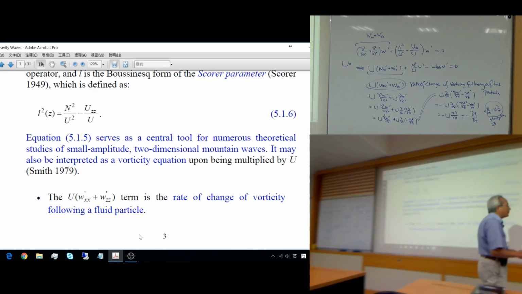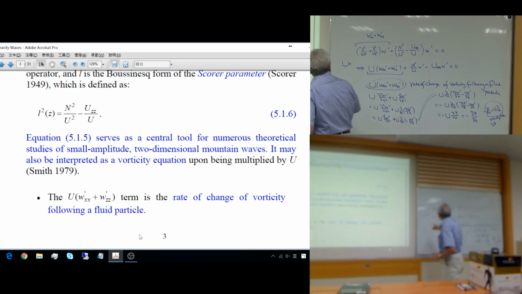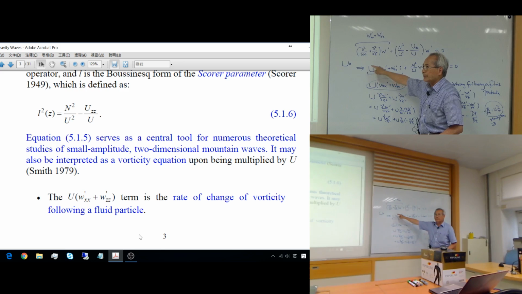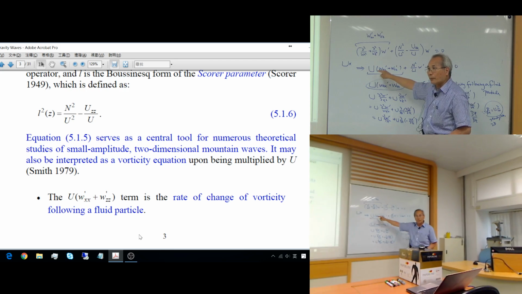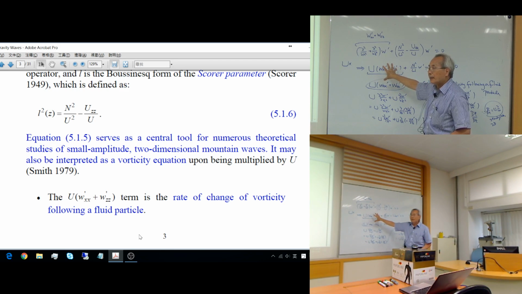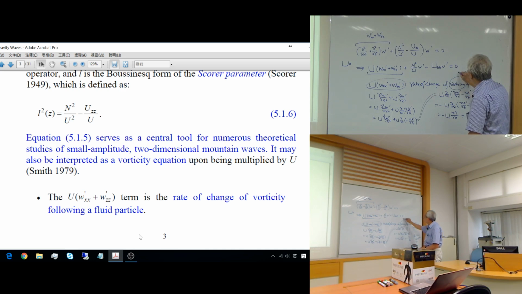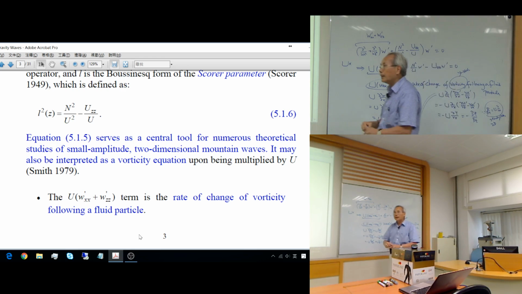So now that's the total rate of change following the motion of vorticity, and this vorticity is y vorticity.